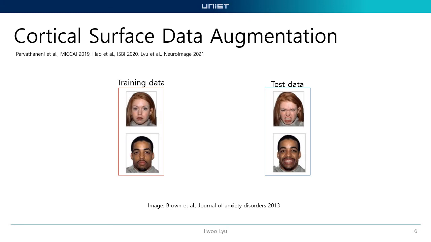Here's a brief motivation for our cortical surface data augmentation. Let's think about this example. Let's say we have these human faces and want to recognize those two people. If we train our model using this neutral facial expression, and we use this information to identify a different facial expression here, it might be difficult for machine learning techniques to understand these people because they have a totally different facial expression.